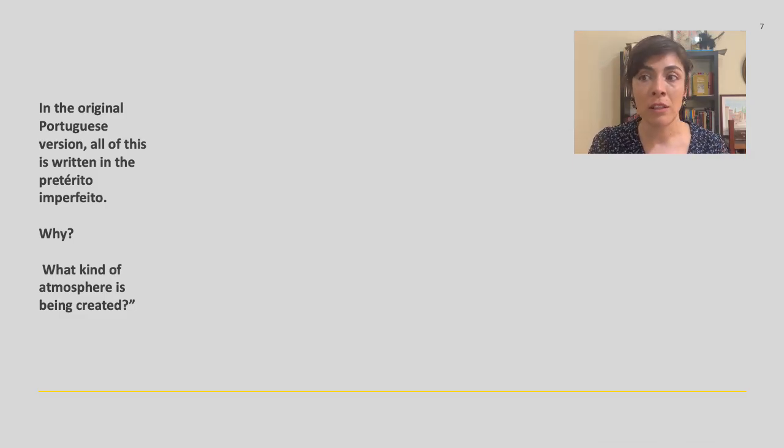But the feeling here with all the verbs written in the Imperfeito, and sorry, pause here, remember that this is a literary text, so there's always a slightly different feeling and nuance being added to all this text, okay? So again, let's try to answer. What kind of atmosphere is being created here?